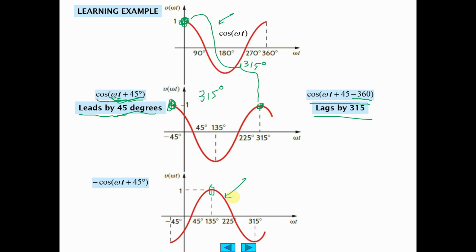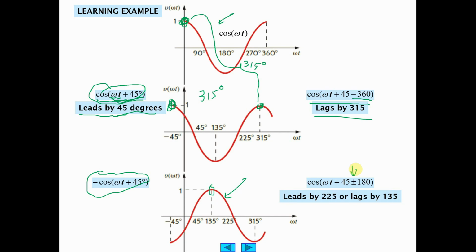Let's go. So this is the negative sign, which shifts things by 180 degrees. Remember? Either plus or minus 180 degrees. So it either lags by 135, this point here starts 135 degrees after this point.